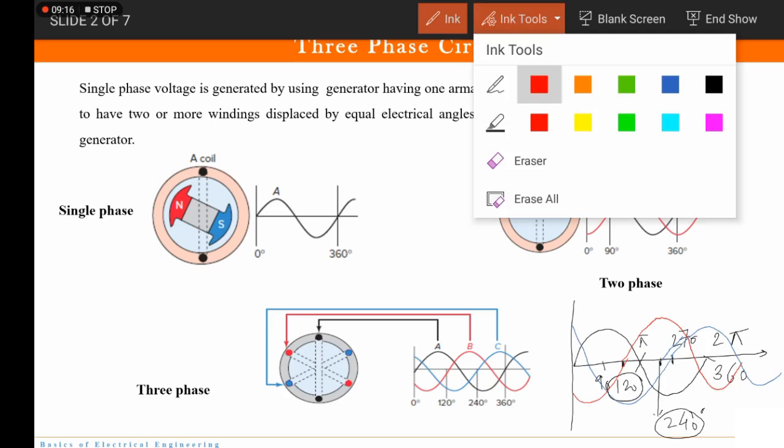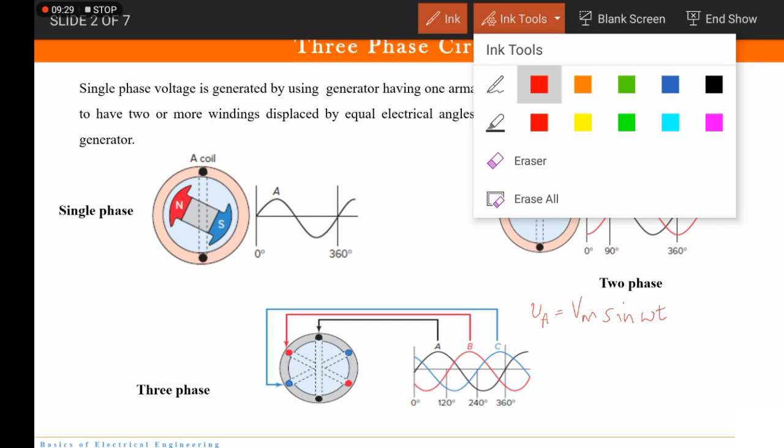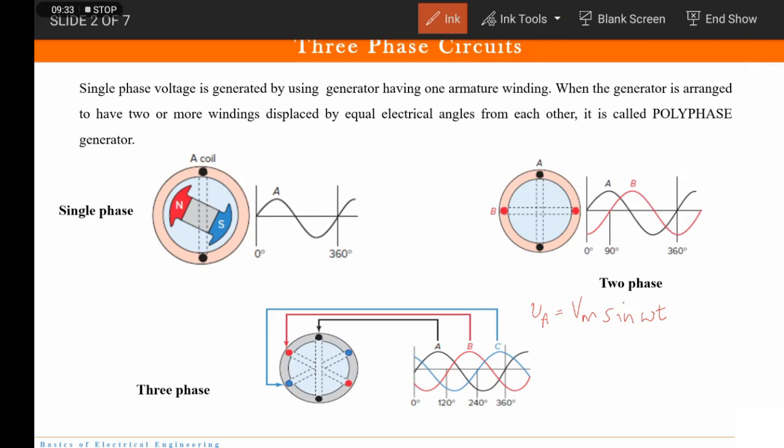Understood? Fine? So how are we going to represent the signal now? Now the VA signal is the basic signal, the first signal, so it will be represented by Vm sin omega t. Now the next signal, let us use the same color.